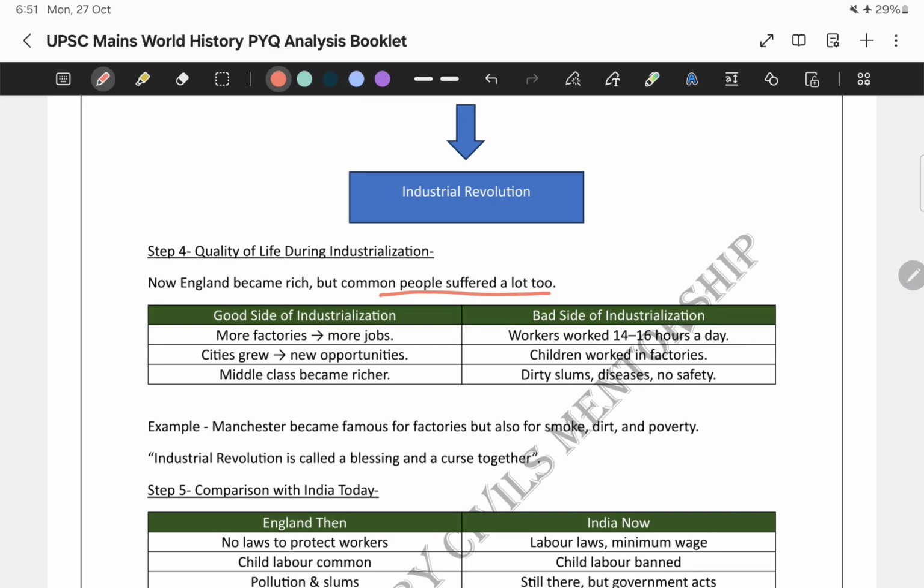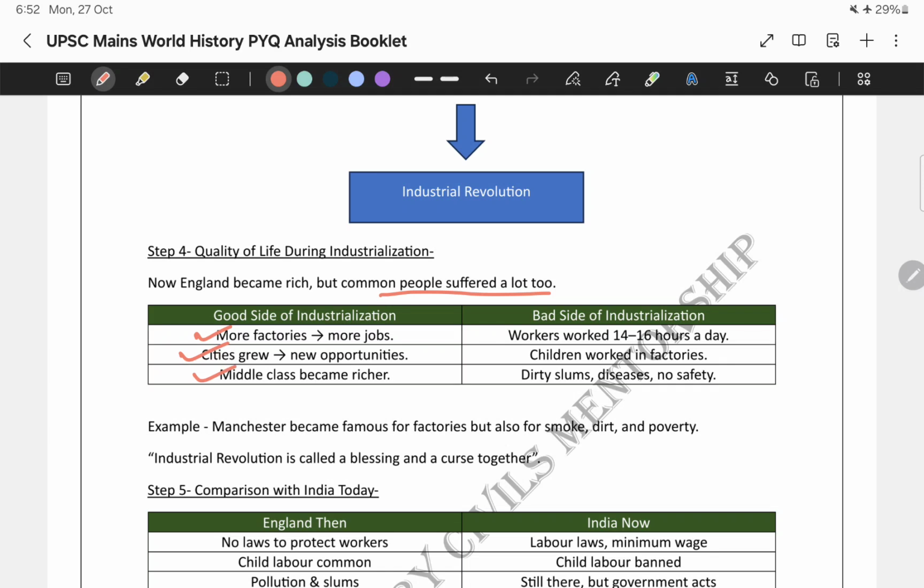Let us discuss both sides of the Industrial Revolution, the good side and the negative side. What were the good sides? More factories meant more jobs. Cities grew, which brought new opportunities.